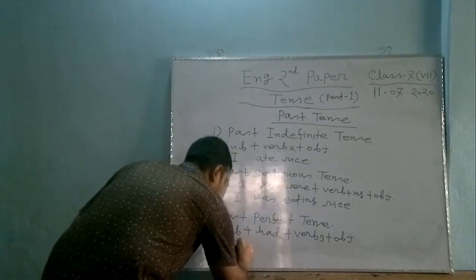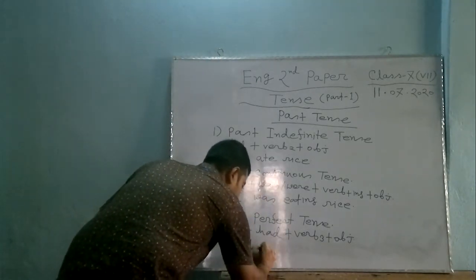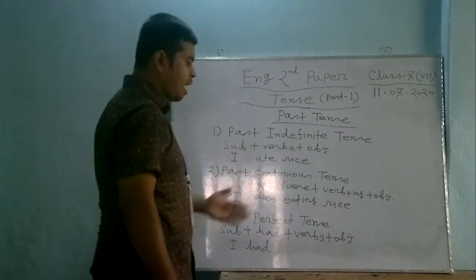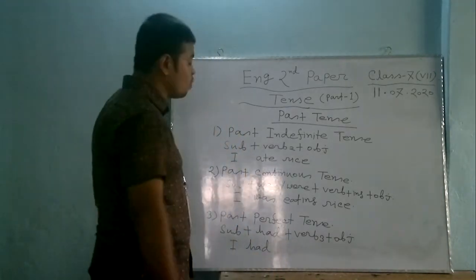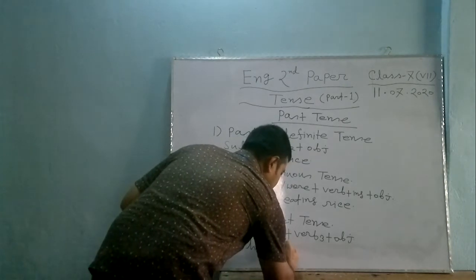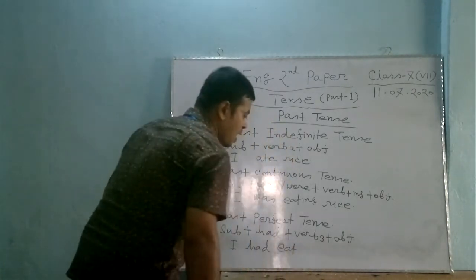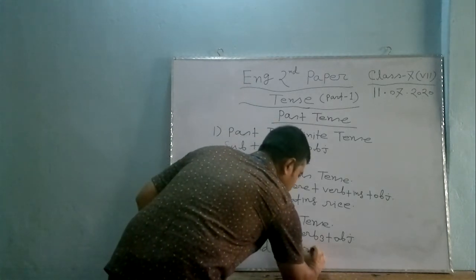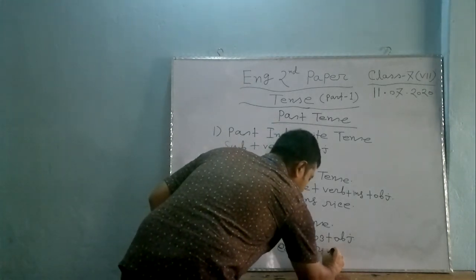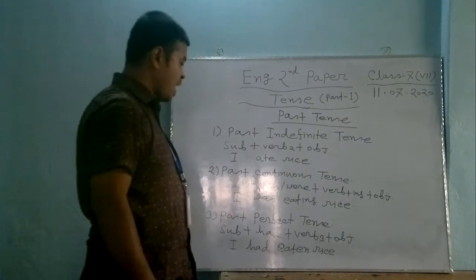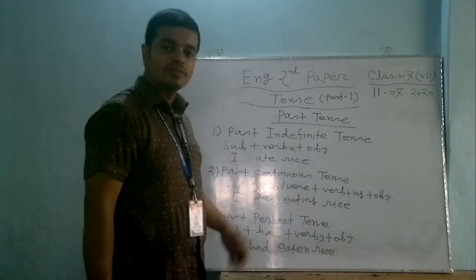Here we use only one auxiliary verb, had. Verb 3 means the past participle form of the verb. So subject is I, had, the verb is eat. The past participle form of the verb eat is eaten, and object is rice. I had eaten rice.